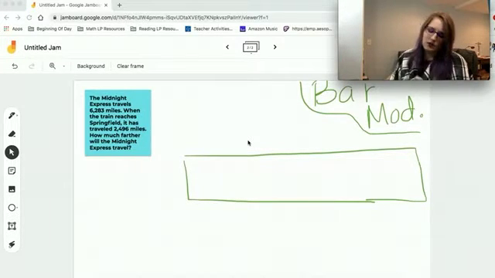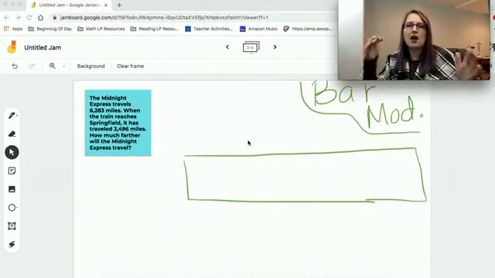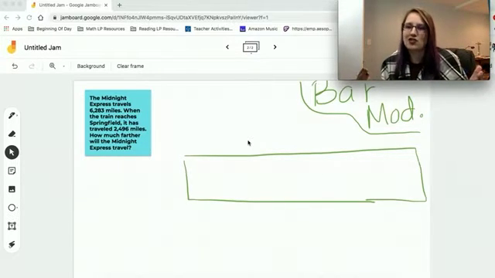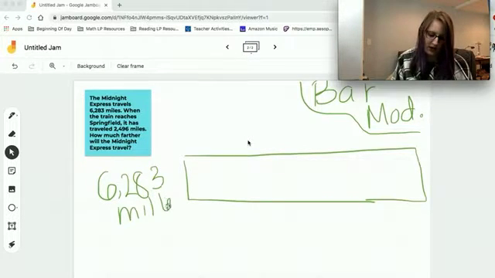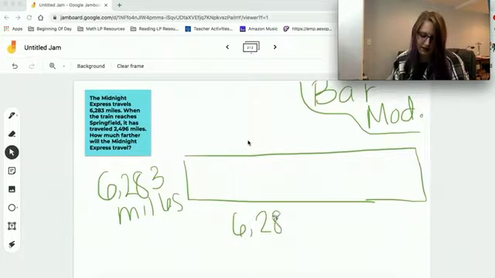So I drew one bar here, and this bar represents the whole length of miles that the Midnight Express train has to travel. And I know that the Midnight Express train needs to travel 6,283 miles. So that is how much this bar represents. You can put it at the end, you could put it at the bottom. It really doesn't matter, whatever makes sense to you.